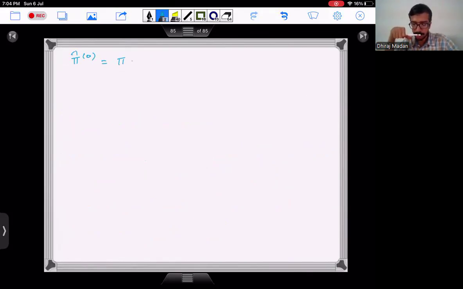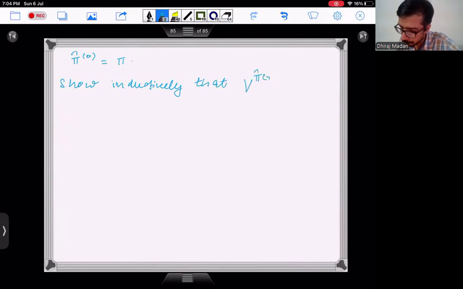So let's show inductively that every step of this pi hat actually improves our value. Essentially, V pi hat n is greater than or equal to V pi hat n minus 1.